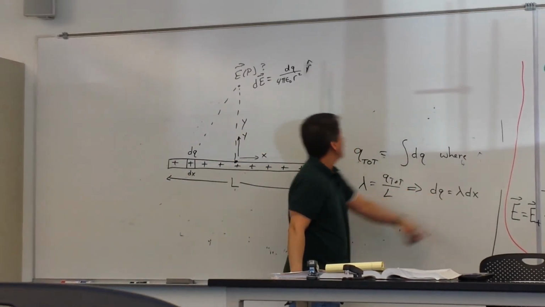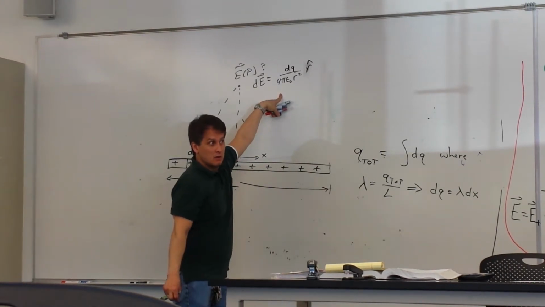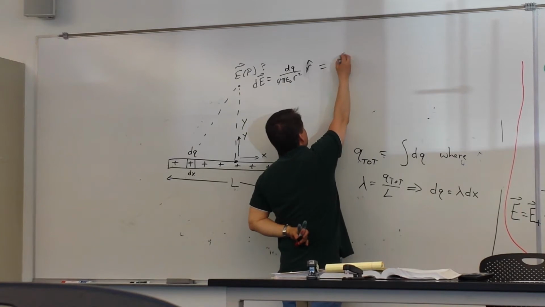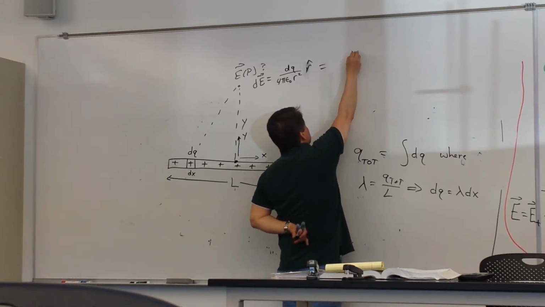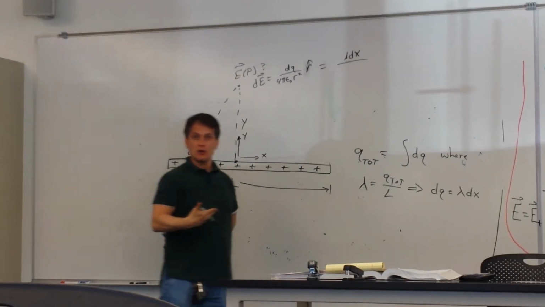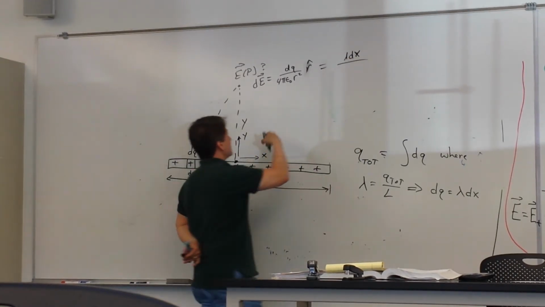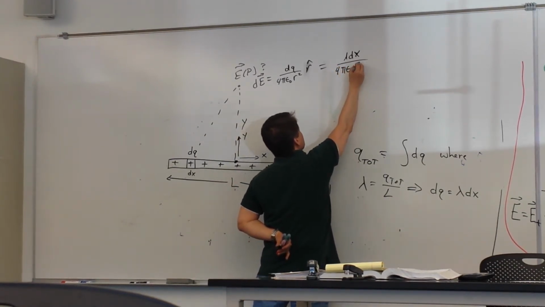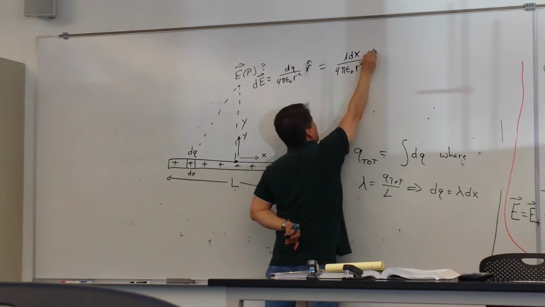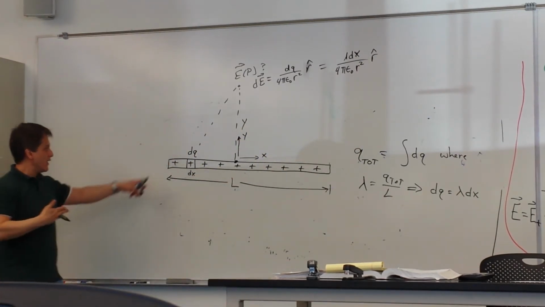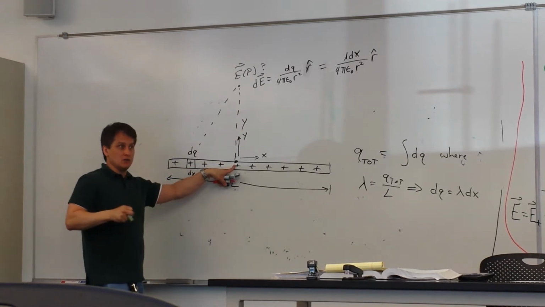So now we have a way of expressing dq. We can write dq as dx times some constant uniform linear charge density, lambda.